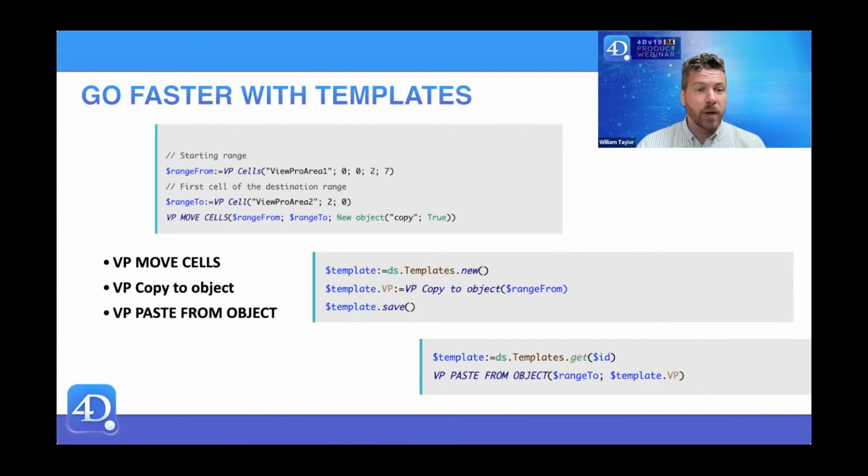Woof. Well, now you can simply copy portions of your 4D View Pro document and insert them into other 4D View Pro documents with these commands: VP move cells, VP copied object, and VP paste from object.